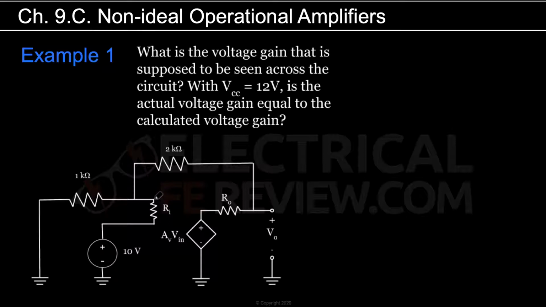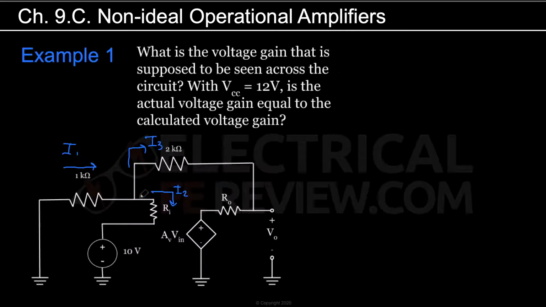Okay, so now that we have our redrawn circuit, we are going to try and solve for the gain. The first thing that we can do is find some relationships. We can call this current here I1. We can call this current here that goes through the input resistance I2, and we can call the current that flows through here I3.